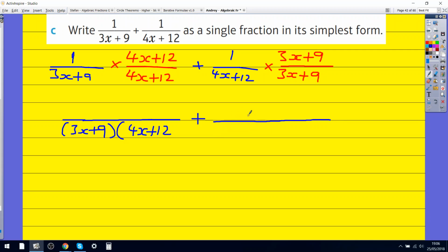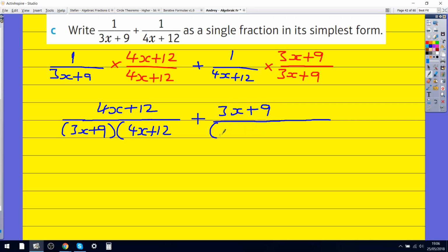Okay, so what would that give you then? 1. And so what would be the next line? Let's say the left fraction, what would that be? On the left it'd be 4x plus 12 over those two equations, and then 3x plus 9 over those two equations?